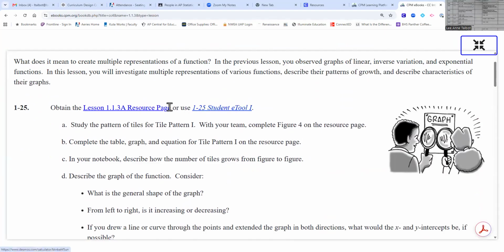And this problem has a resource page, which is in your packet. So if you guys could find the resource page that says 1.1.3a at the top, it's the one with the tiles. It says tile pattern real big at the top. It looks like this.